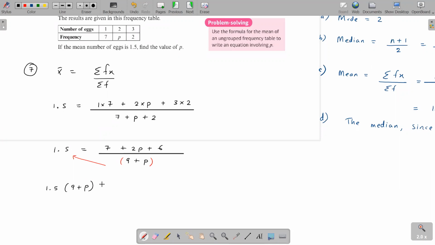So 1.5 into 9 plus p equals 7 plus 6, that's 13 plus 2p. 1.5 into 9, let's multiply: 13.5 plus 1.5p.